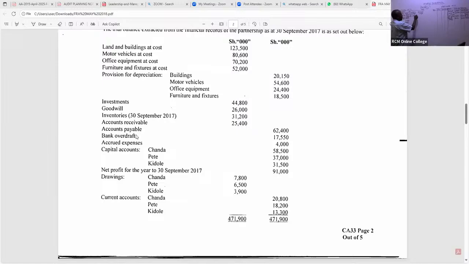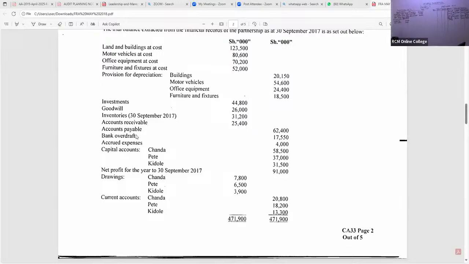So we have accrued expenses of how much? I wish I had a physical paper to underline. Is there somebody with 4,000, right? Accrued expenses of 4,000. Thank you so much.